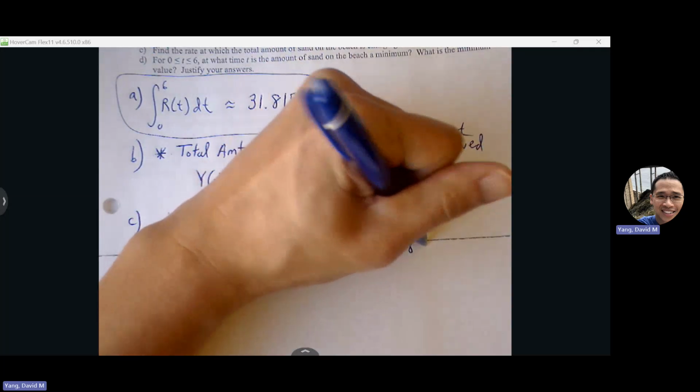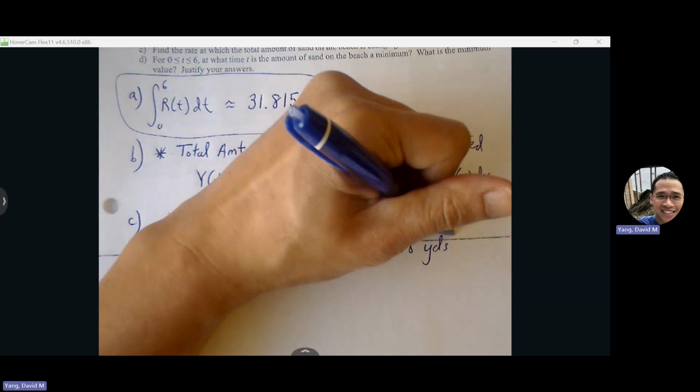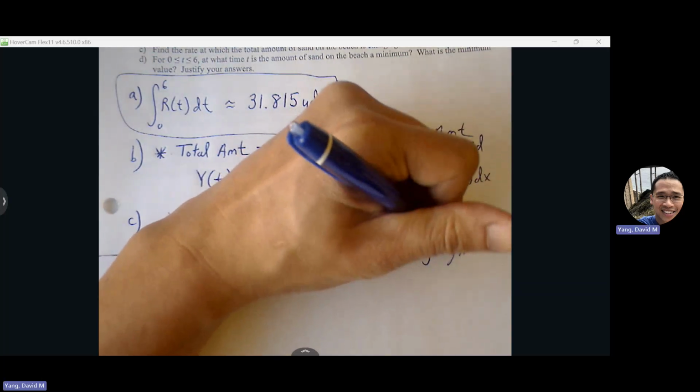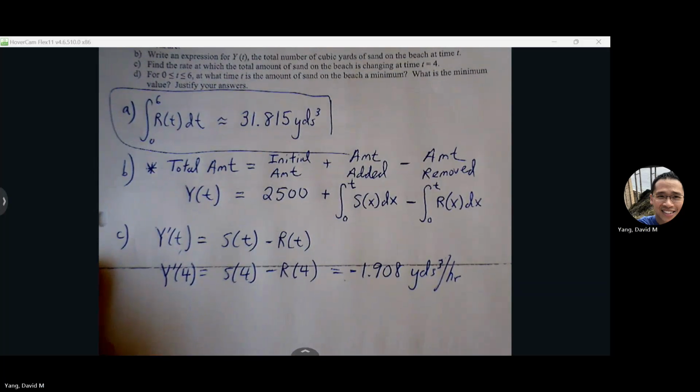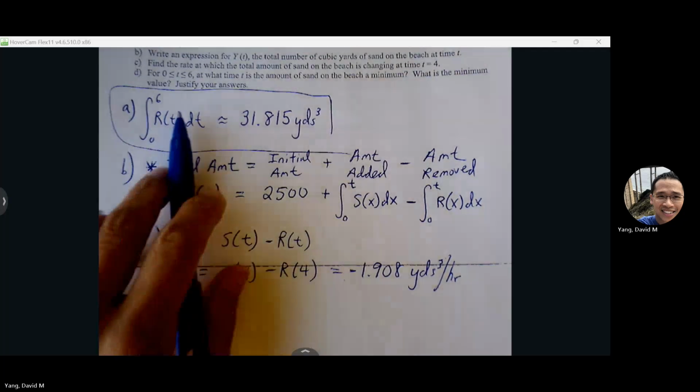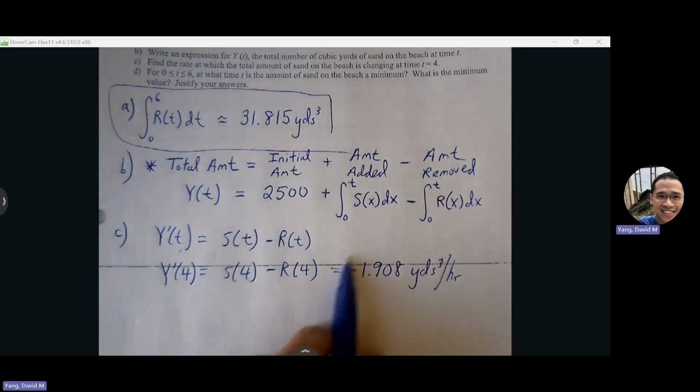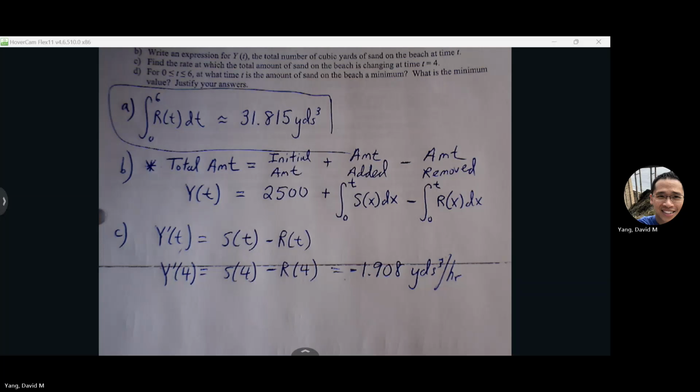So negative 1.908 cubic yards. Okay. Yeah, so that negative indicates the beach is losing sand by close to 2 cubic yards per hour at that moment in time, at that 4th hour.